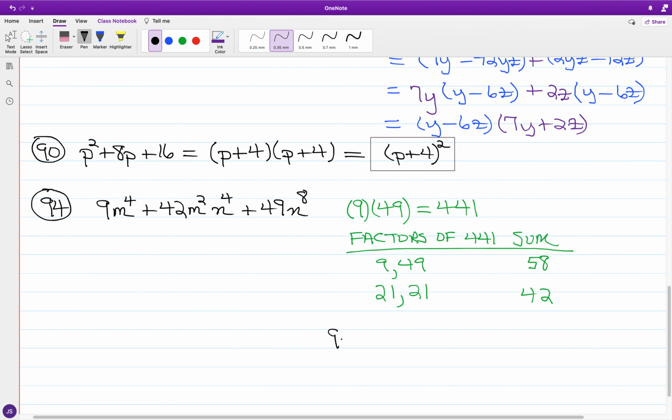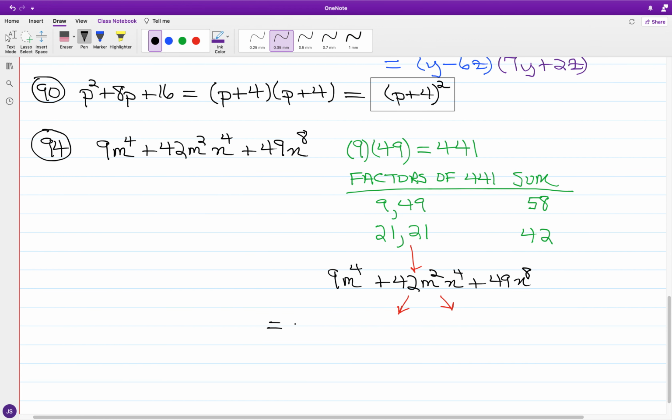And so it's going to follow that for what we have here, I'm going to split up the 42 m squared into the 4th, so 21 m squared into the 4th plus itself.